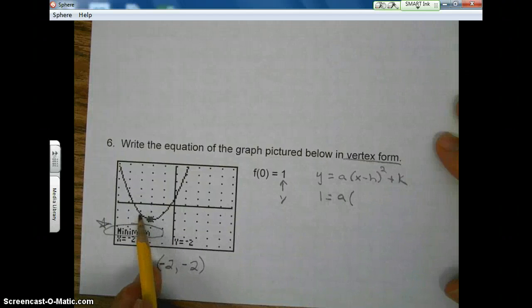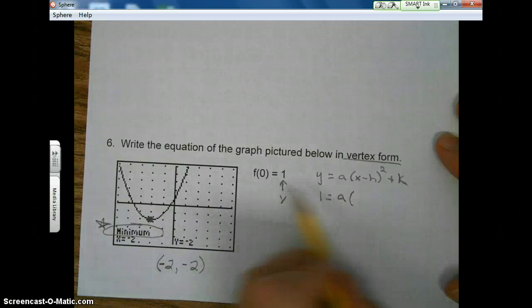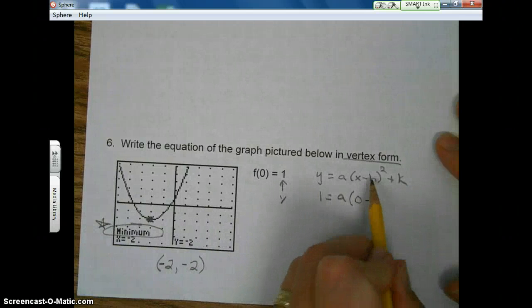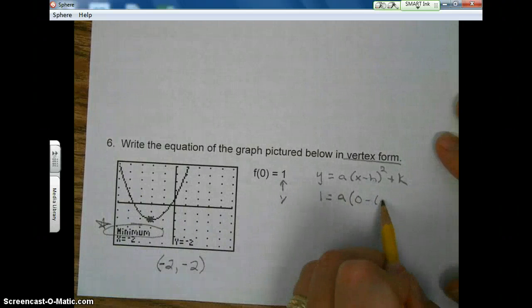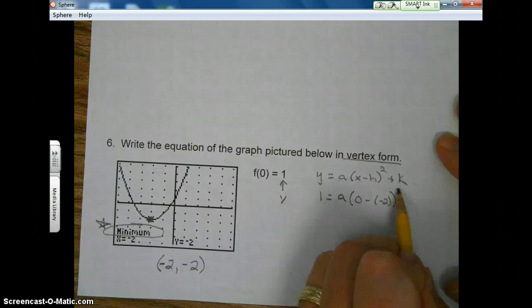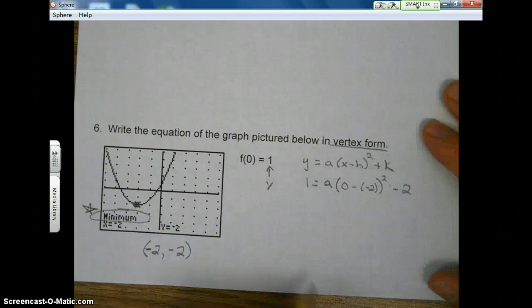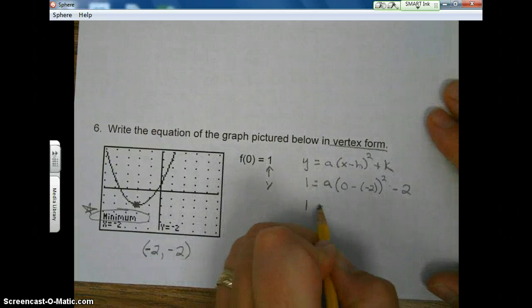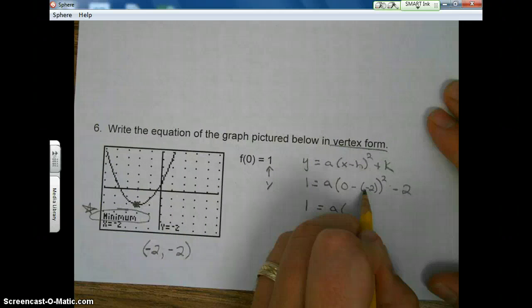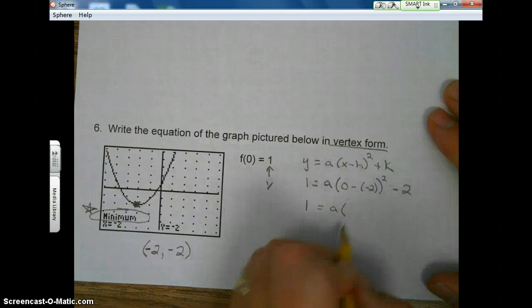X is 0. H is -2. K is -2. 0 plus 2 is 2. 2 squared is 4.